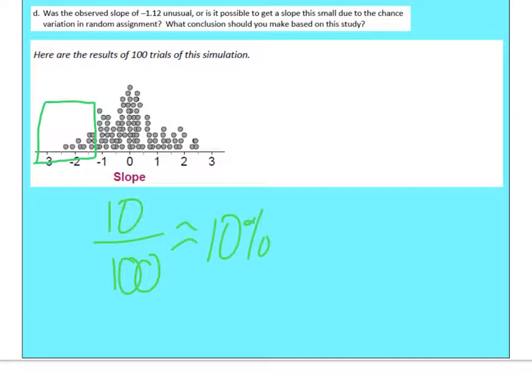Now, would we consider that unusual or not? Think about our p-values. Typically, our alphas are set at 0.05 for our level of significance. So based on that, it's really not that unusual. So ultimately, what we could say is this study does not give us convincing evidence that sitting closer to the front of the class makes a difference in one's grade performance on a test in this class.